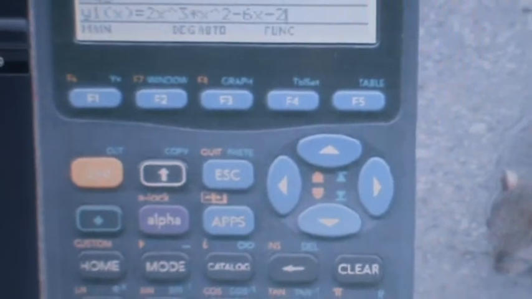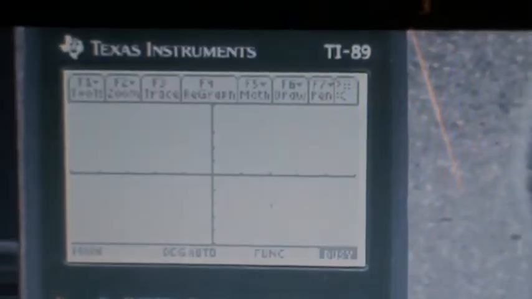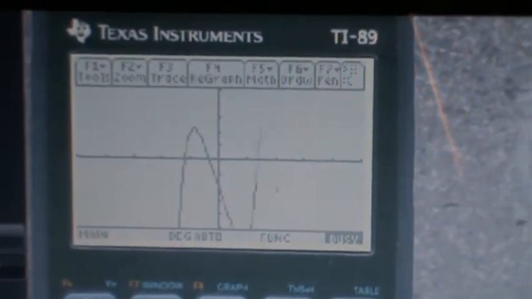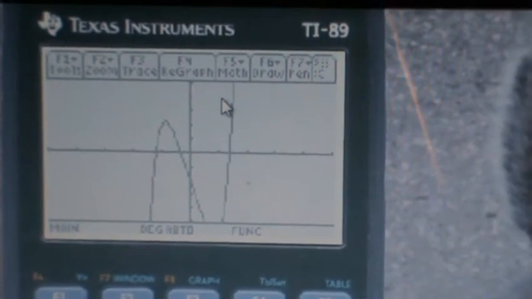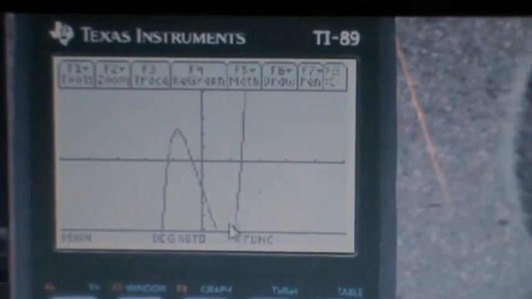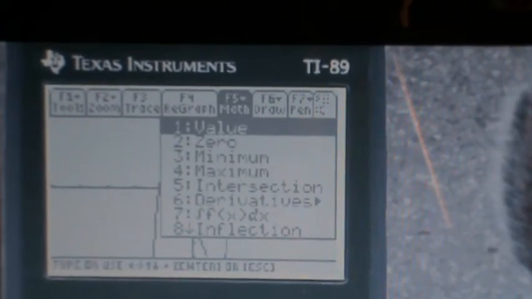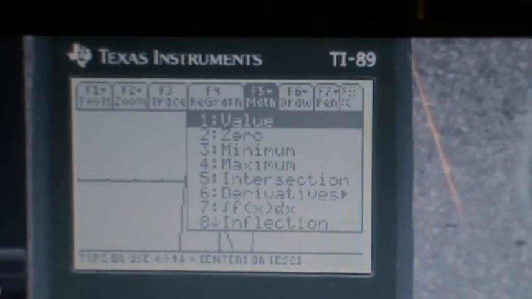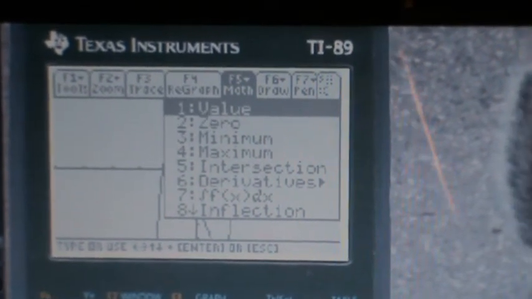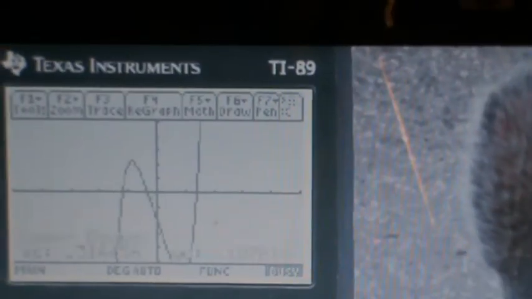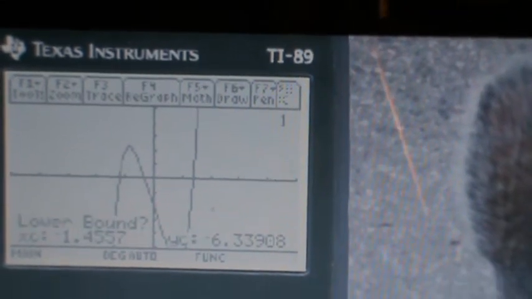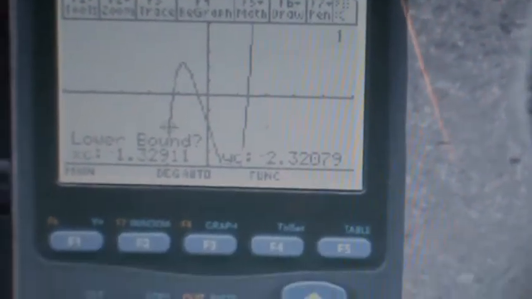Okay, and now I am going to hit the graph button, and the graph will appear right there. And now what we do is use the 0 function, which I believe is under F5 for mine, and then I go down to 0, hit enter, and then remember I've got to get my lower bound and upper bound here. I'm going to do this 3 times.